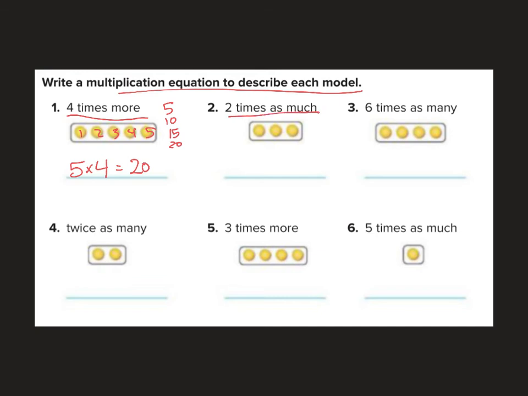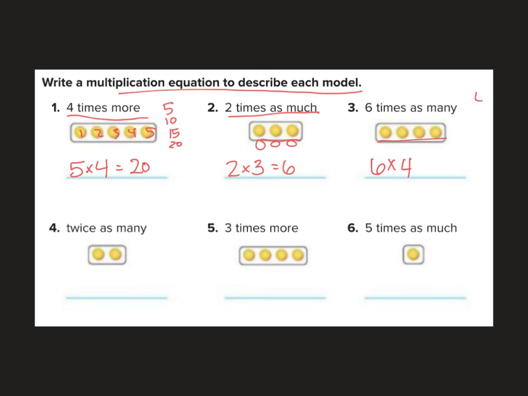2 times as much as 3. So 2 times 3. So I just need to double it, right? 2 3s are 6. 2 groups of 3 are 6. 6 times as many as 4. 6 times 4. We just did this one on the last one, but I would probably do this.